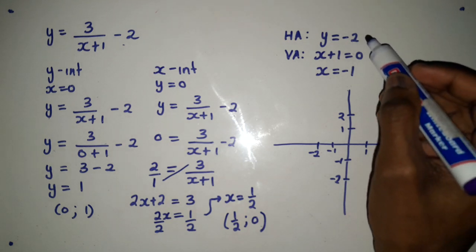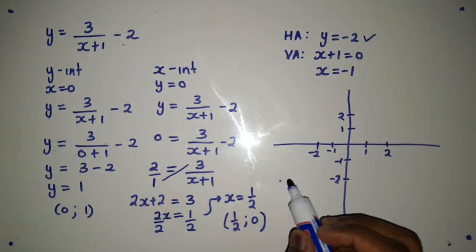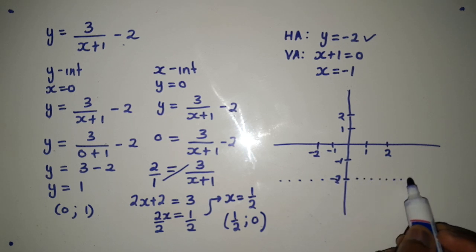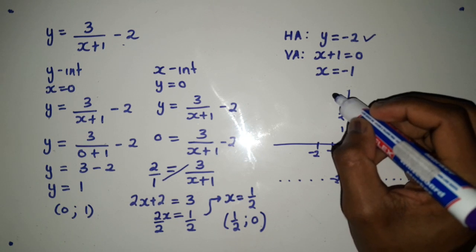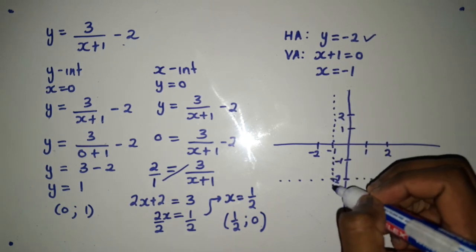We have the horizontal asymptote of -2. It's going to be somewhere like this. Then let us sketch our vertical asymptote, which is -1.